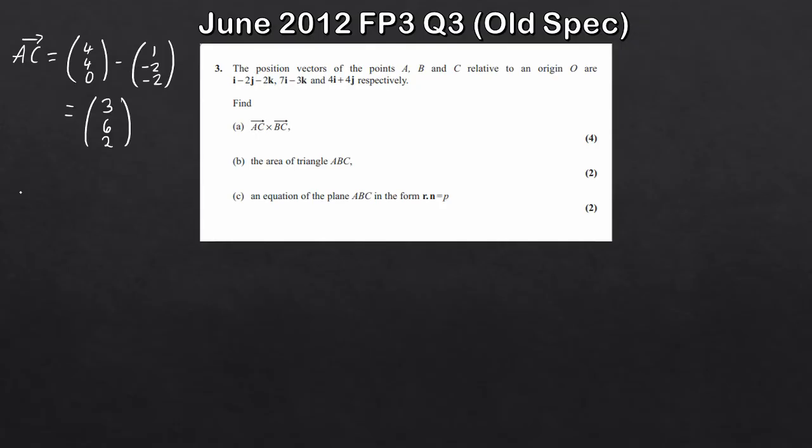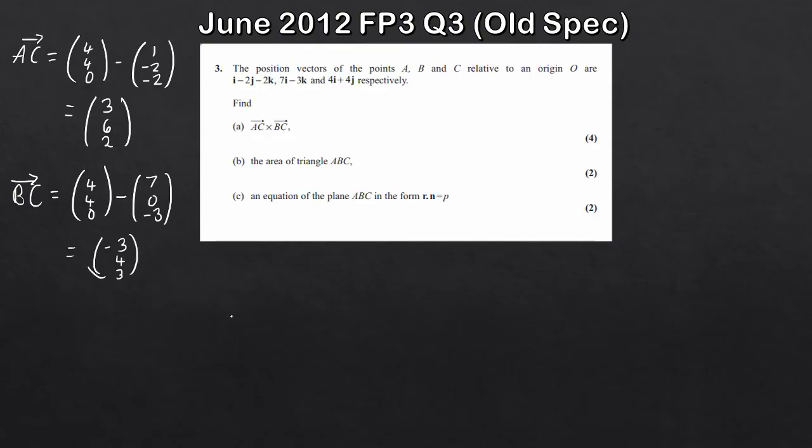Now let's work out BC, and then we can cross them. So BC, that's going to be 4, 4, 0 again, minus B, which is 7, 0, and minus 3. Do this on your calculator again, and what you'll get is minus 3, 4 and 3. Okay.